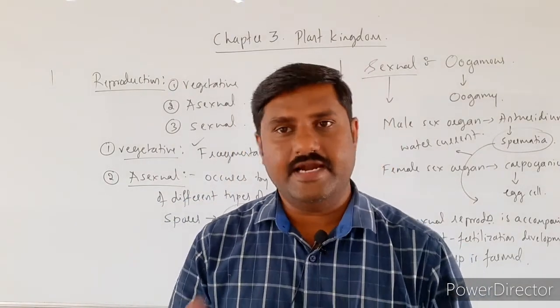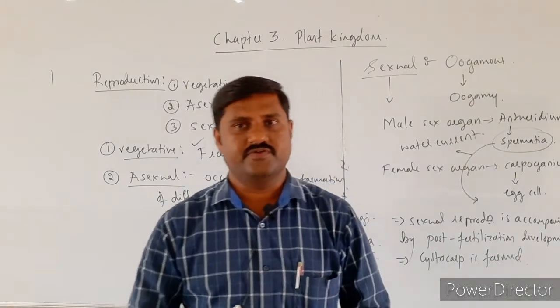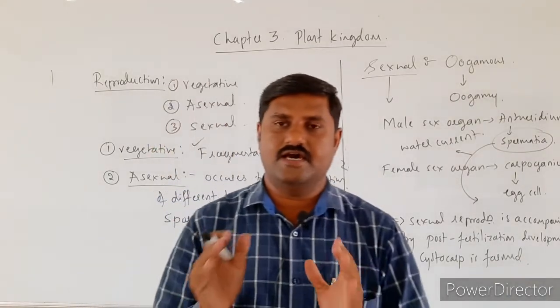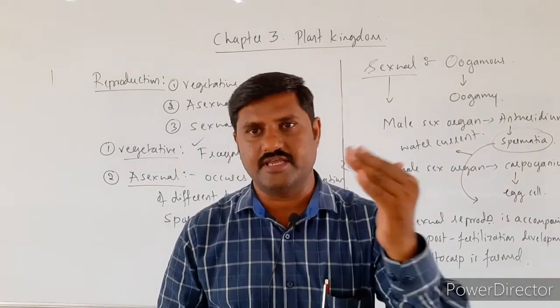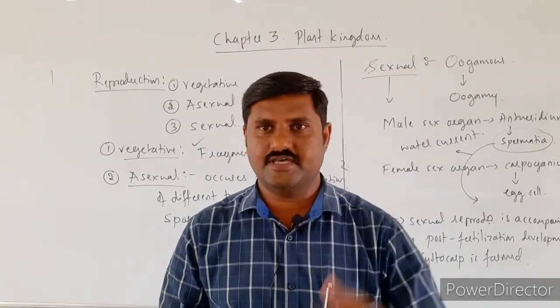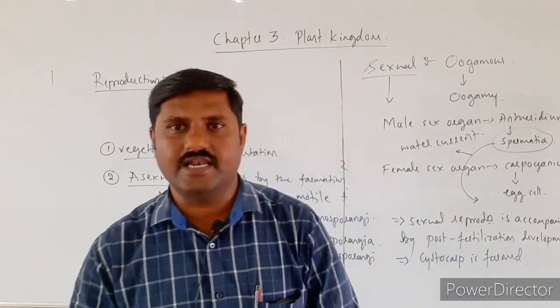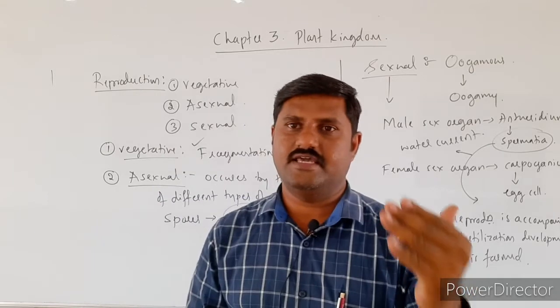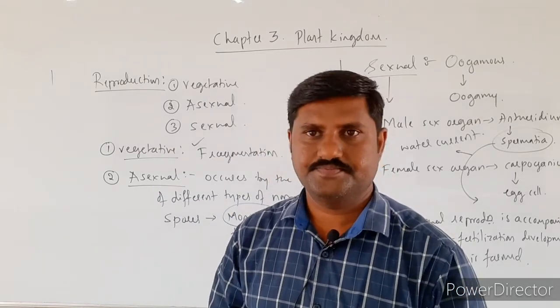So let us see one table which is given in the NCERT book, a very important table. Here in this table we study the comparative characteristic features of all the three kinds of algae, that is chlorophyceae, phaeophyceae as well as rhodophyceae, right?